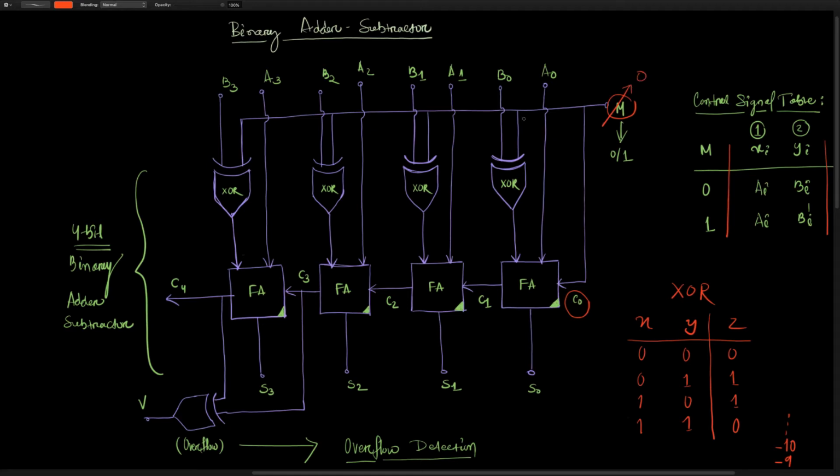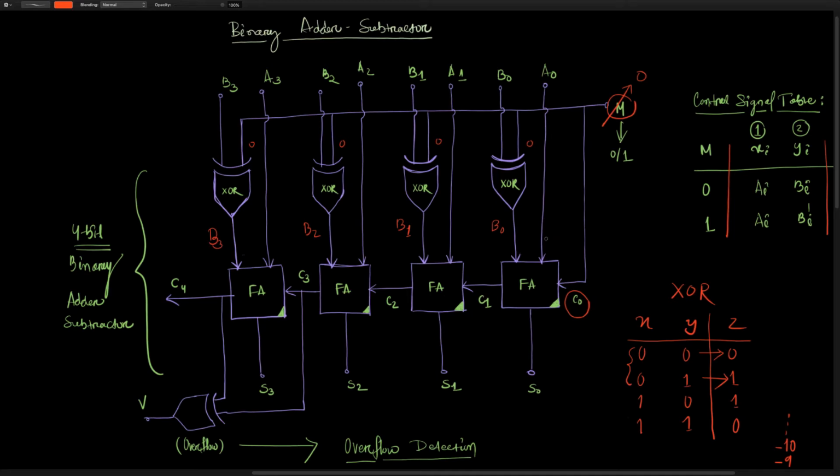So for all the XOR gates, one input remains 0. If you look at the table, if one value is constantly 0, then the output is always dependent on the second value. So the output of this XOR gate would be B0, B1, B2 or B3. Whatever the input is, that is going to be the output.